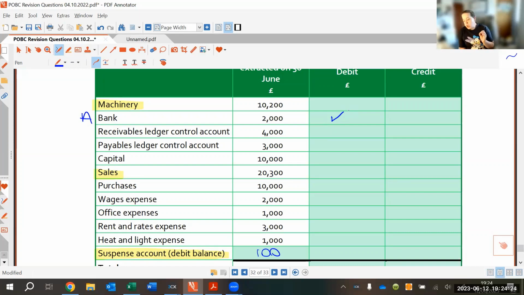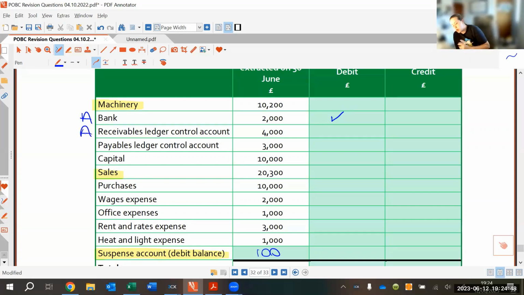We've got the receivables ledger control account, first of all. What type of account is the receivables ledger control account, in terms of asset, liability, that sort of thing? Yeah, spot on. It's another asset account.